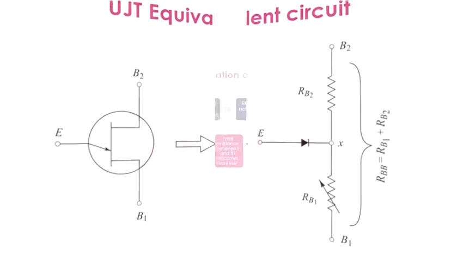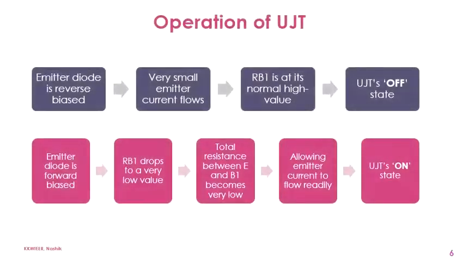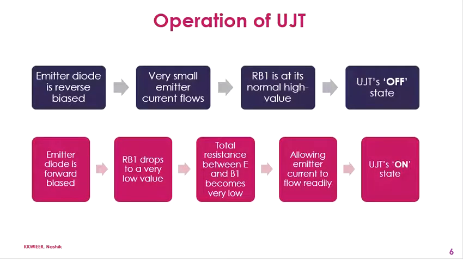Now we will see two modes of operation of this unijunction transistor. When the emitter diode is reverse biased, only a very small amount of emitter current will flow. Under this condition, RB1 is at a normal high value. This is off state of UJT.